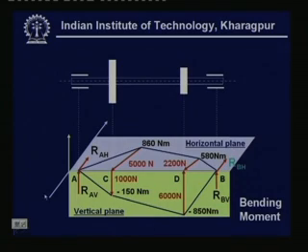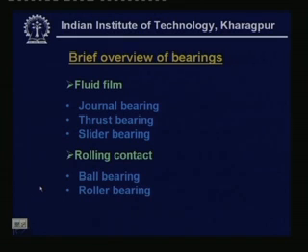Now, one of the important features of the shaft in design is the bearings. We understand that the shafts will be mostly rotating bodies, as we have seen in our earlier discussion, and these rotations are possible through the bearings.